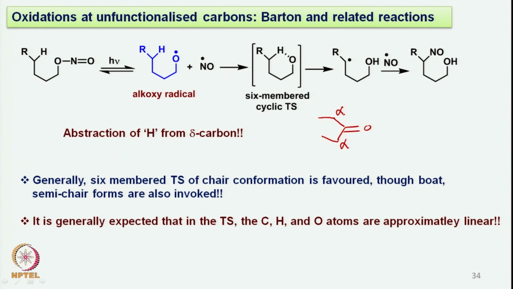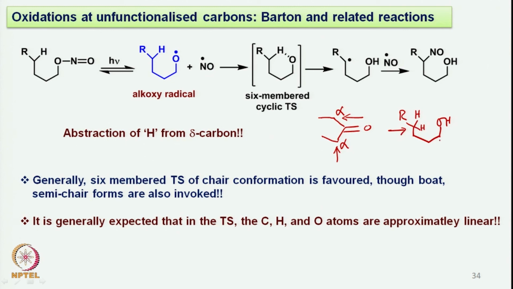So the alpha carbons are basically activated because of the carbonyl group, and therefore it is easy to functionalize the alpha carbon. But if we have a substrate somewhat like this, where we have a hydroxy group here, and the hydrogen that we want to functionalize is away here.